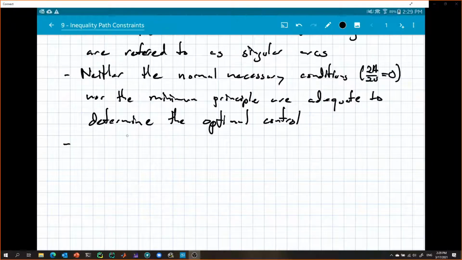I'm not going to go into too much detail on this, but traditionally when you have these problems, what we need is higher derivative information.